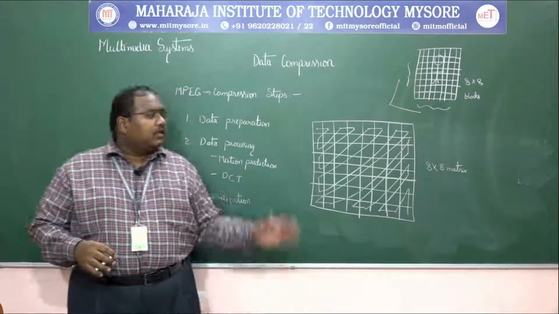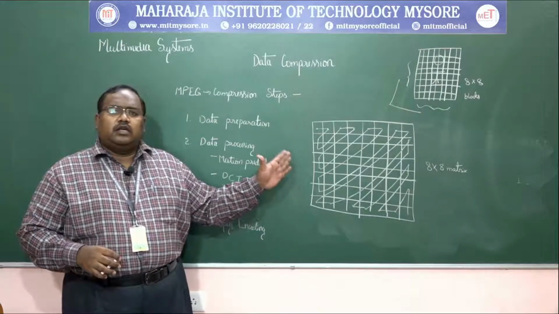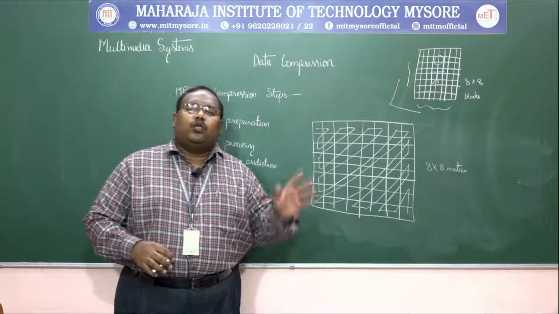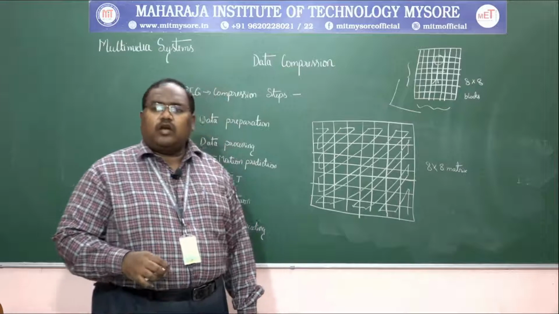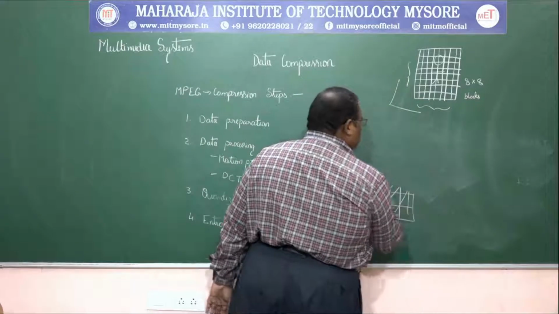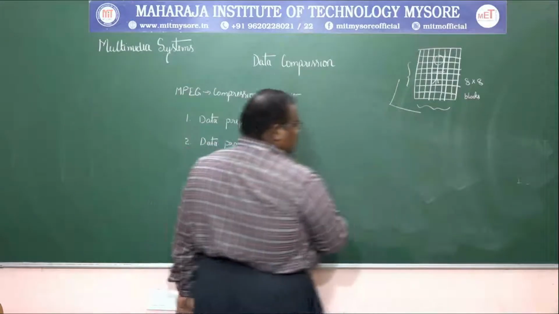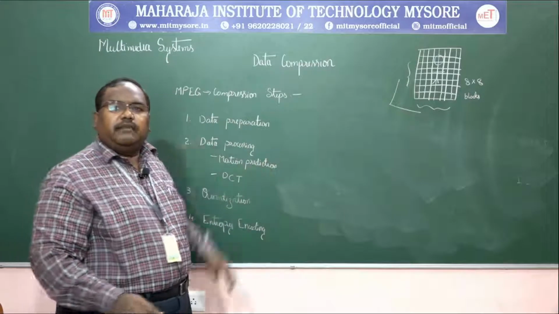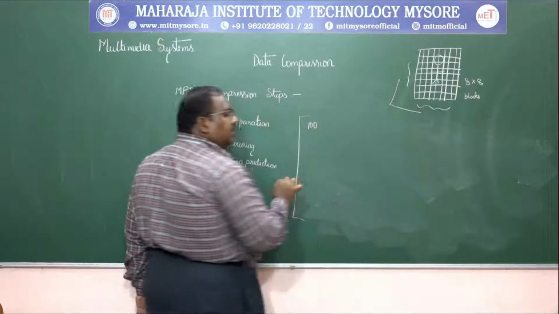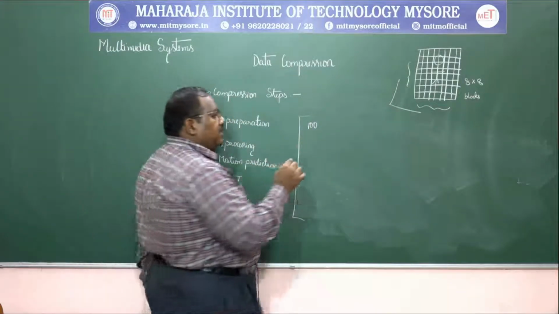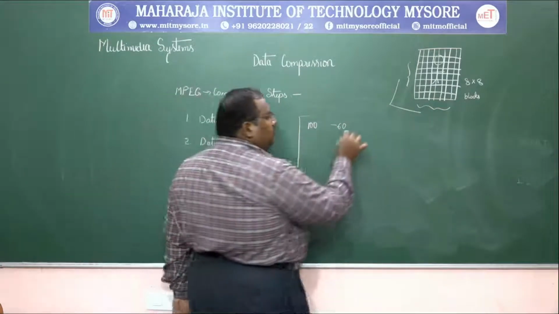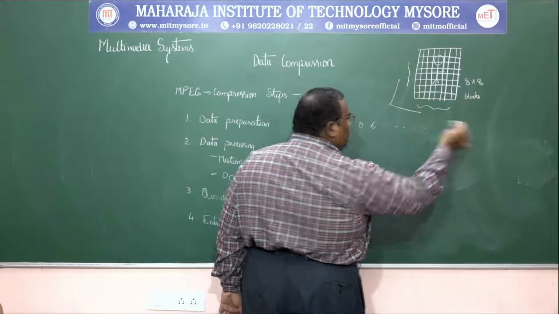Now when we apply this kind of pattern to a matrix with the help of run length coding on one-dimensional data, let us consider the matrix like this. Suppose you have a matrix with the first element as 100, the second element as minus 60, the third as 0 and the fourth as 6, and so on, it's zeros.